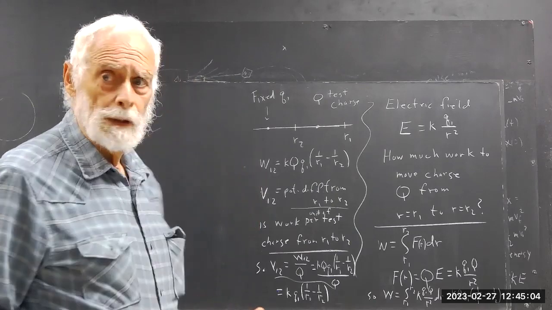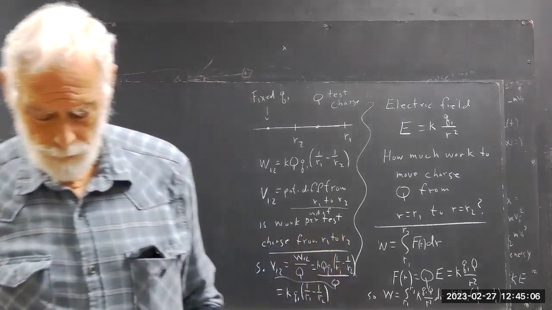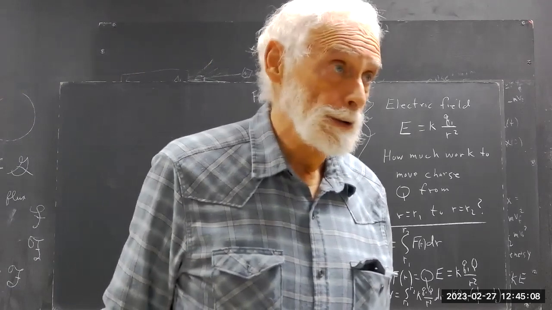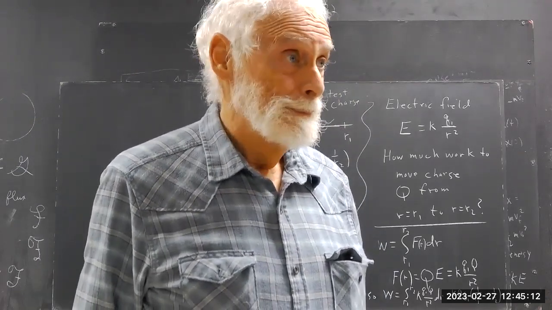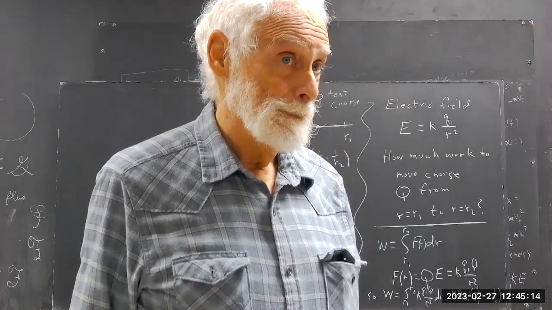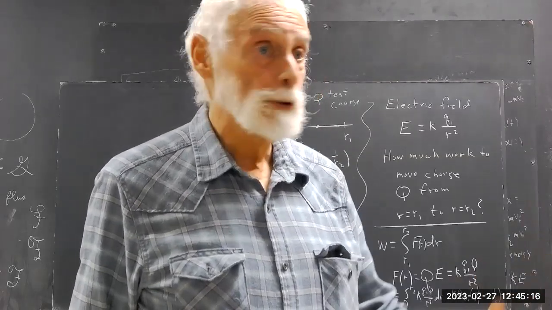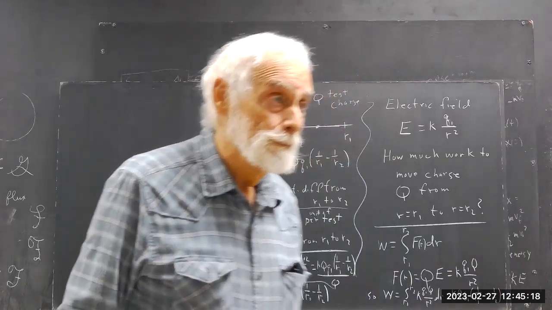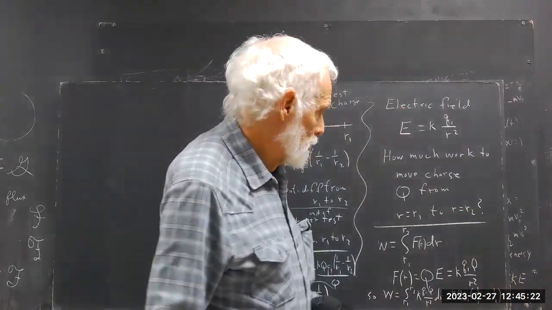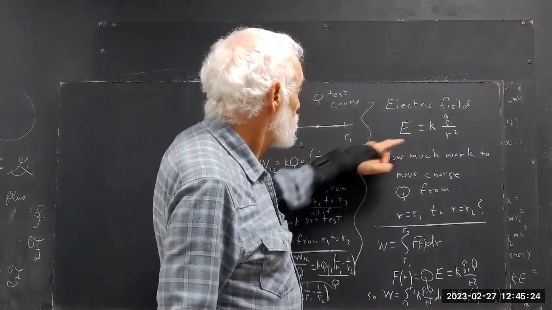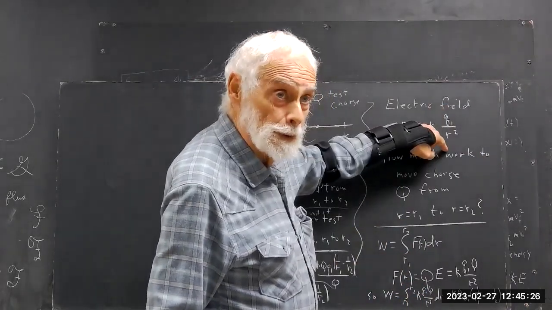Now, we've dealt with identical intervals when we dealt with gravitation. Talk about the difference in gravitational potential energy. That would be a big G, big M over R squared instead of kQ1 over R squared.